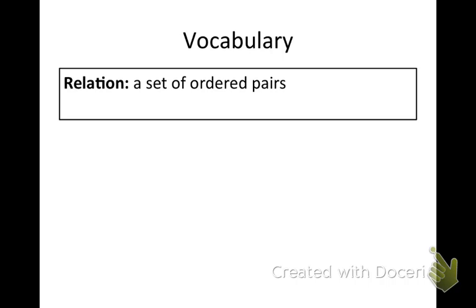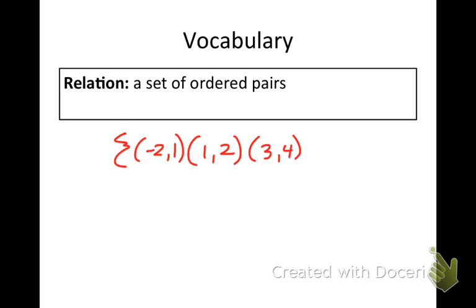And a relation is a set of ordered pairs. So any set of ordered pairs I can come up with is going to be a relation. So this could be an example of a relation. I could have the set of (-2, 1), (1, 2), (3, 4), (5, 6), and so forth.